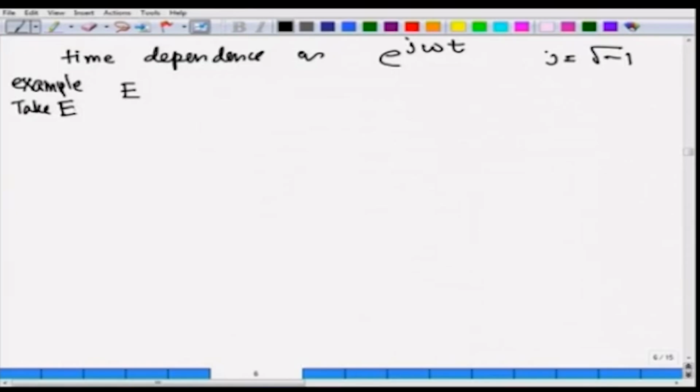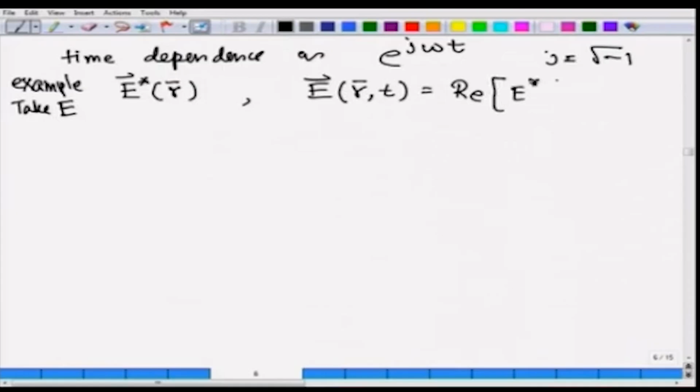We can write this as a function of space, that is position. Then the actual real E, physically, as a function of position and time can be obtained by taking the real part of this E star quantity multiplied by e to the j omega t.